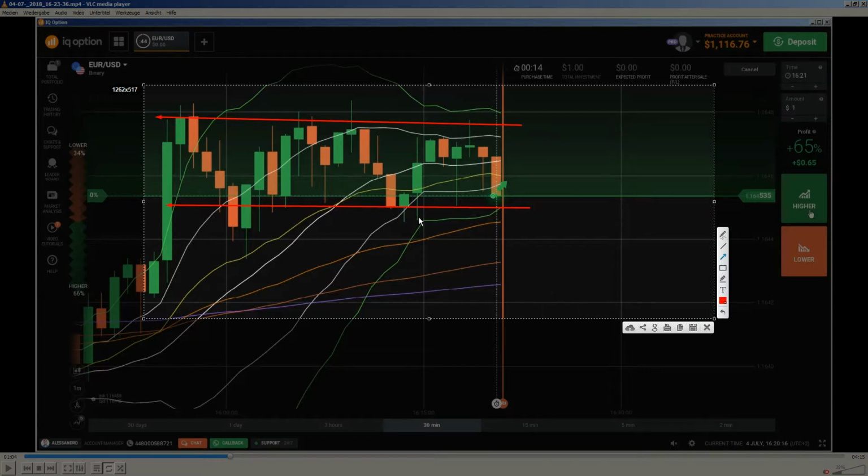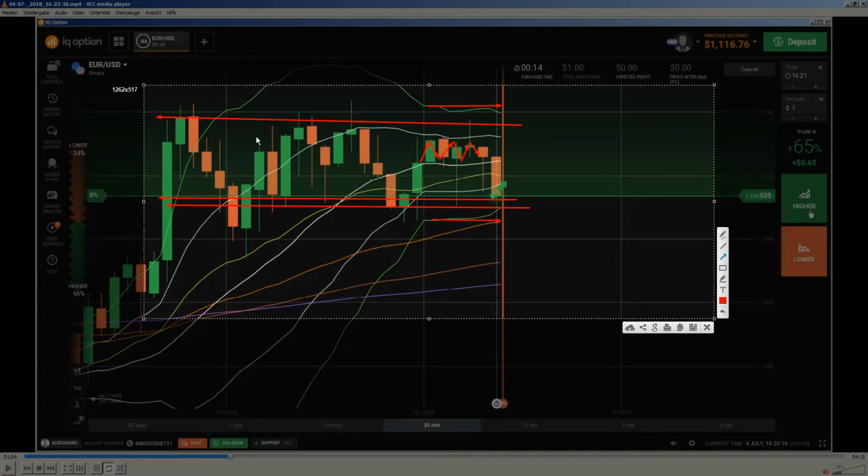This kind of consolidation area is trapping the price in between the upper one deviation Bollinger Band and the middle Bollinger Band, and that's the reason why I did the call, because I was pretty much sure that price would go up here because of this support area, which looks really strong.